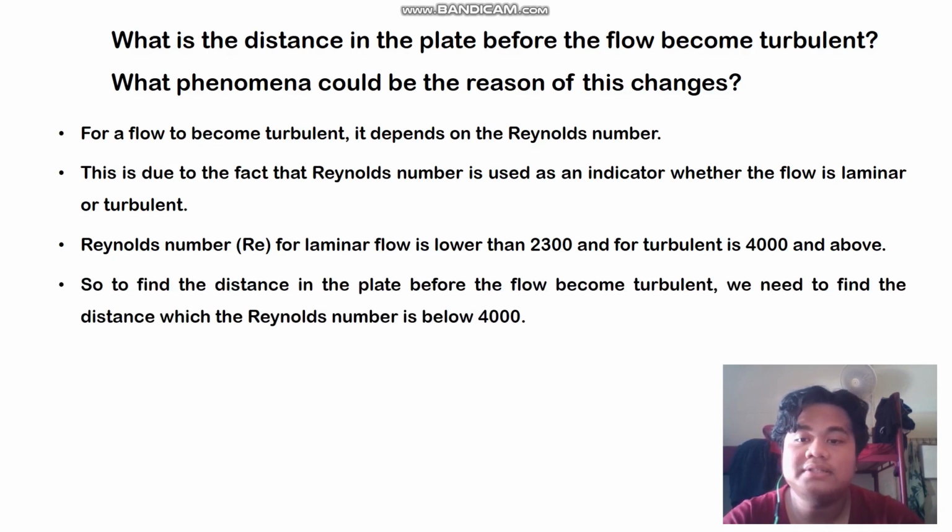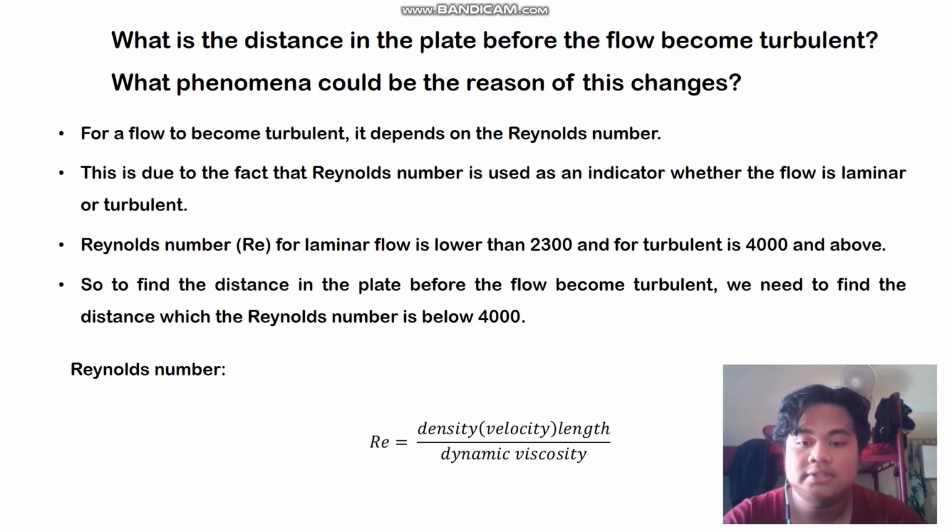So to find the distance on the plate before it becomes turbulent, we need to find the distance where the Reynolds number is below 4000. To calculate the Reynolds number, we use this equation: Reynolds number equals density times velocity times length divided by the dynamic viscosity of the fluid.